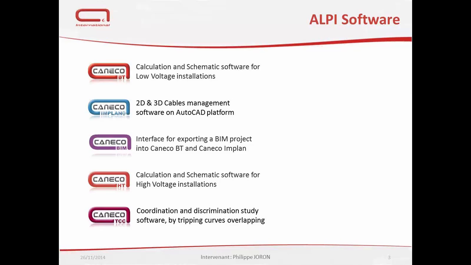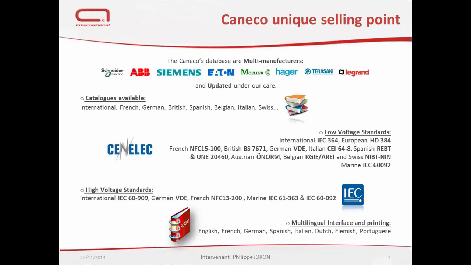Some unique selling points of our software. We are able to provide software with a large range of manufacturers. As you can see, we work with Schneider Electric, ABB, Siemens, Eaton, Moeller, Hager, Terasaki, and Legrand, and all of these databases are kept up to date.